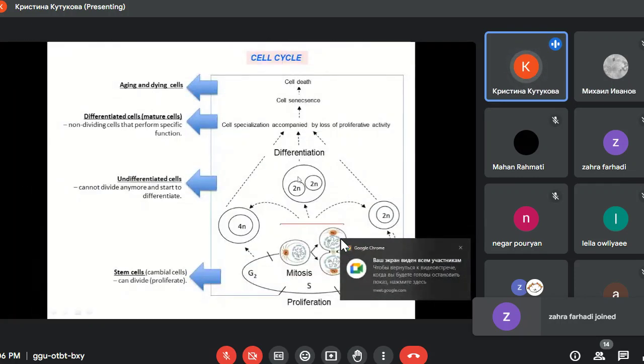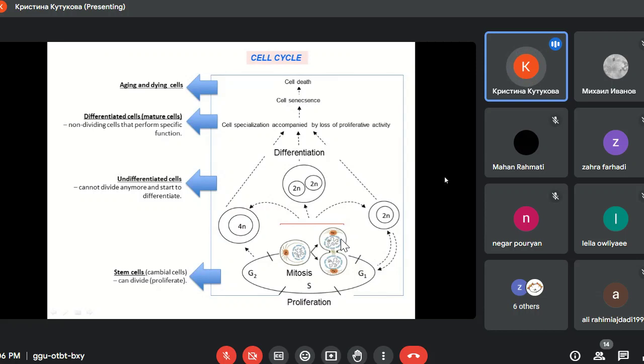So once again, we discuss the cell cycle. Cell cycle is a cycle of life of a cell. So mother cell divides via mitosis, and two new daughter cells appear.